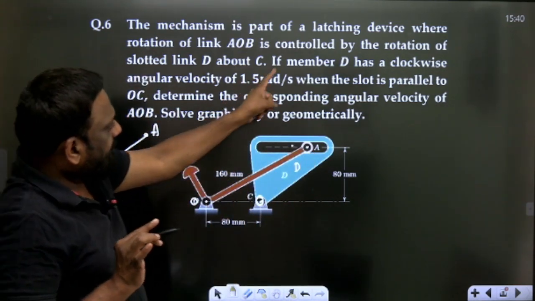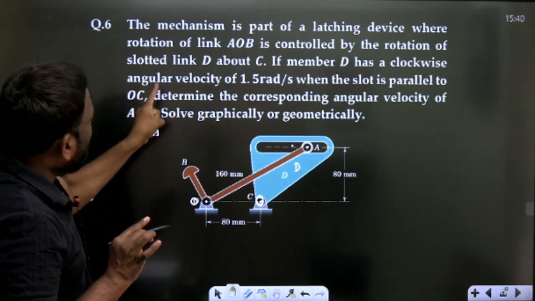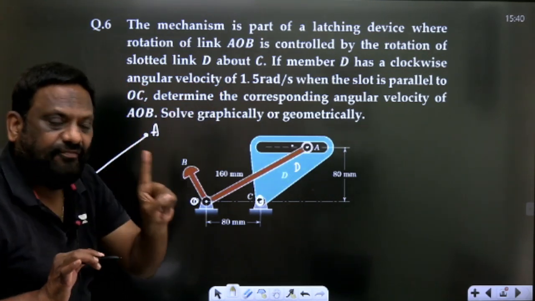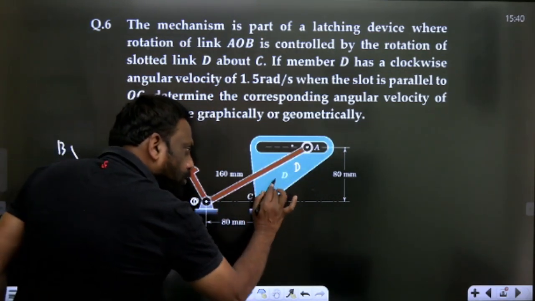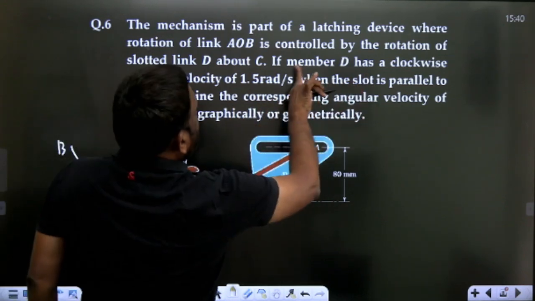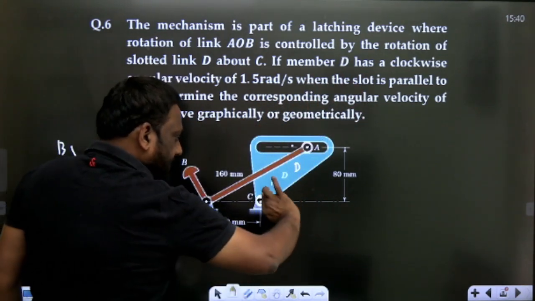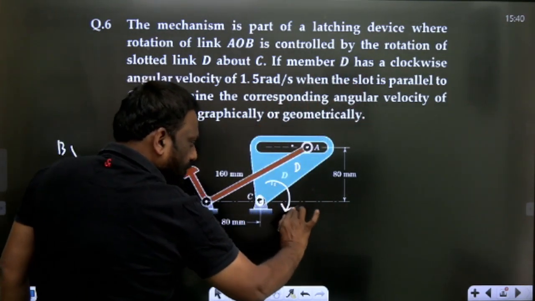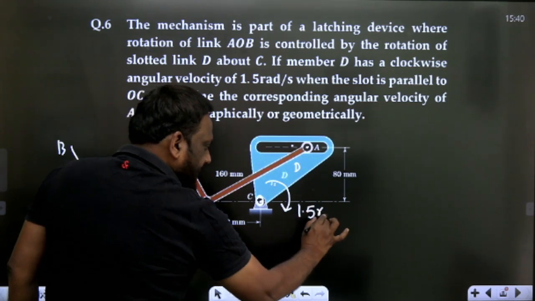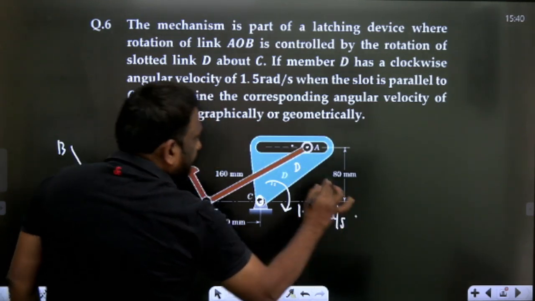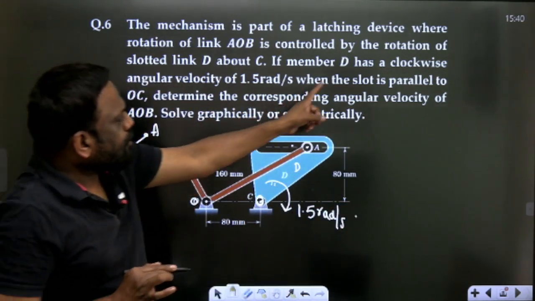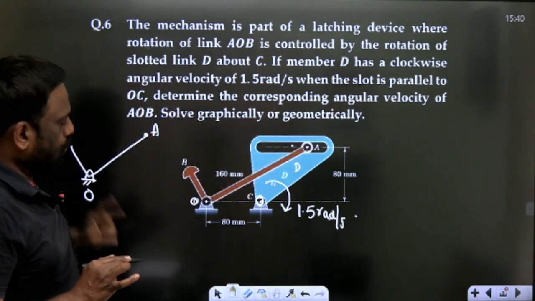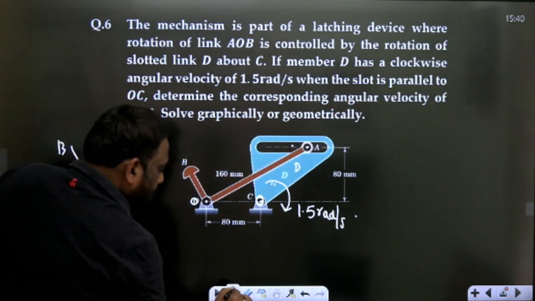Okay sir. If the member D has a clockwise angular velocity of 1.5 radian per second, this blue link, the member D, this D is the slotted link, it has a clockwise rotation of 1.5 radian per second. Okay. When the slot is parallel to OC, this is OC.